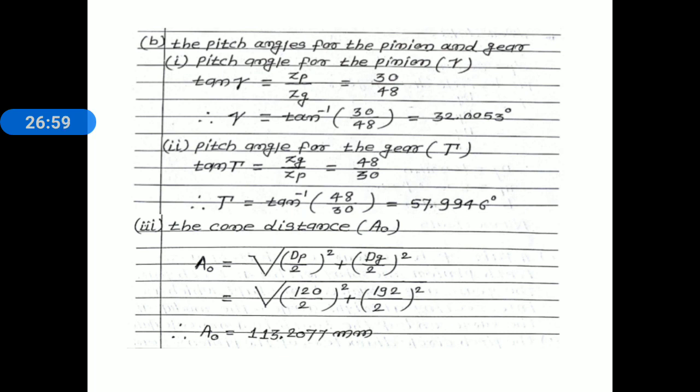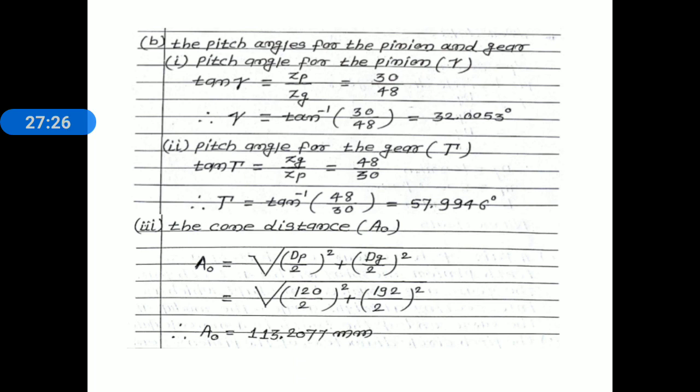B, the pitch angle for the pinion and gear. In that, number 1, the pitch angle for the pinion, denoted by letter gamma. Okay, tan gamma is equal to Zp by Zg. We know the number of teeth on the pinion and gear. Zp 30 divided by 48, and we take tan inverse of 30 by 48, and we get a pitch angle for the pinion of 32.0053 degrees. Second parameter, the pitch angle for the gear, denoted by letter lambda.